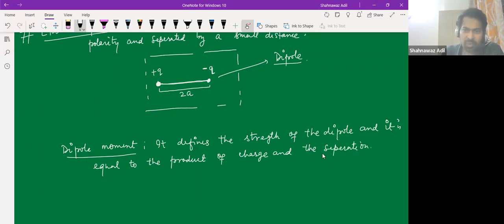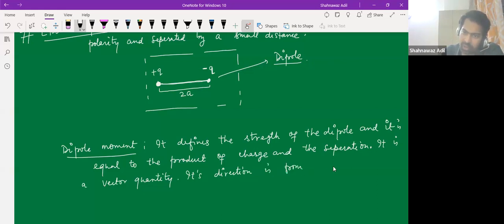This is the dipole moment. It defines the strength of the dipole, and it is a vector quantity, and its direction is from negative charge to positive charge.